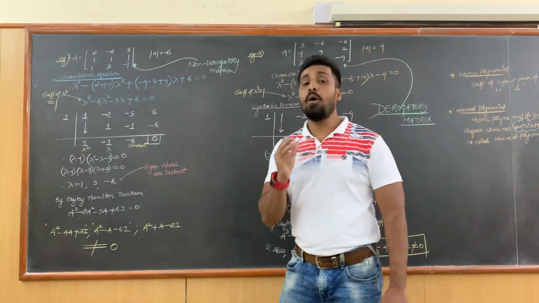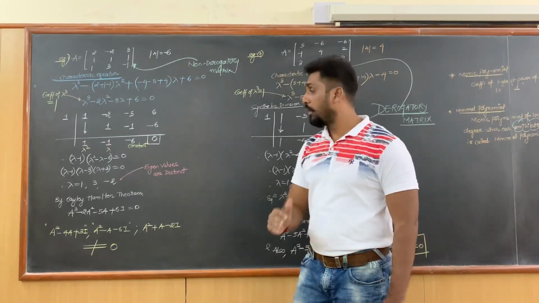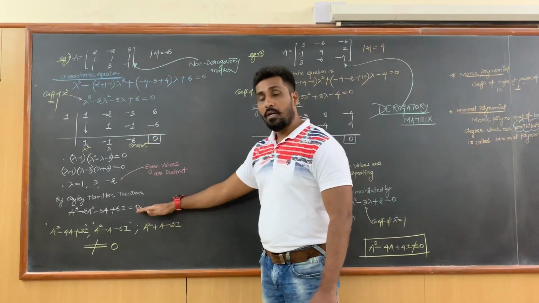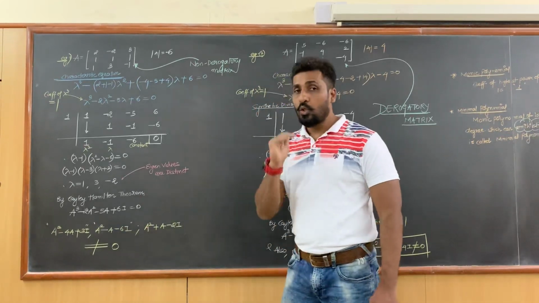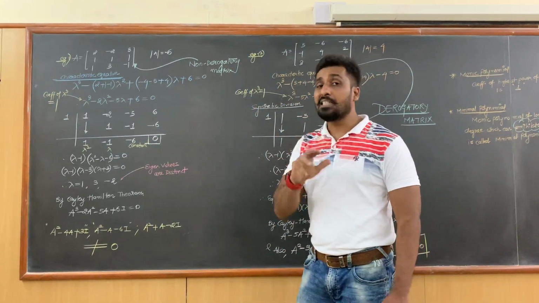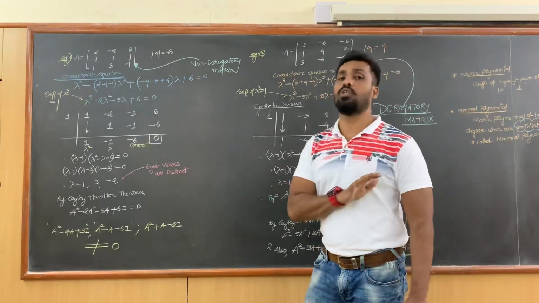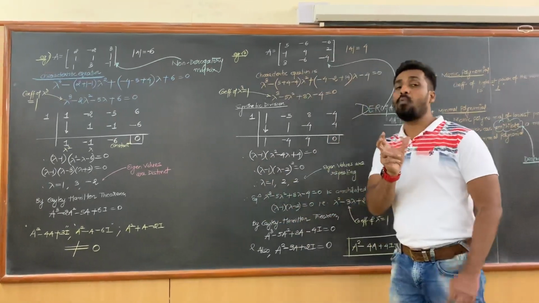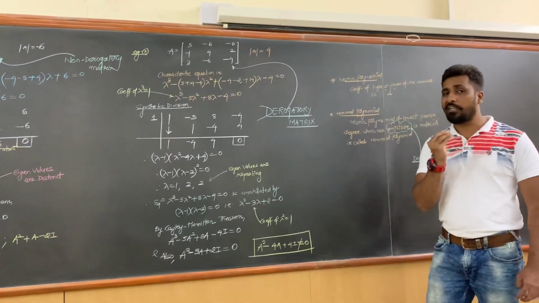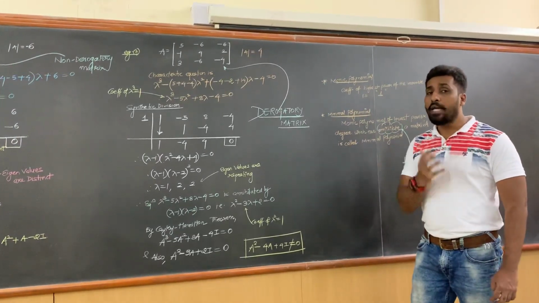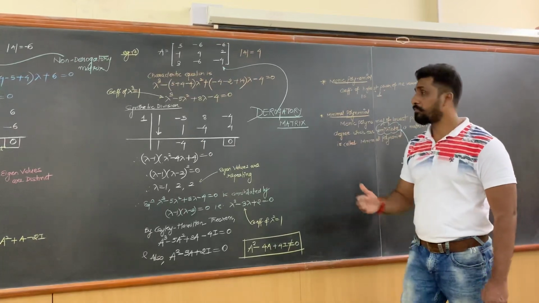So basically, a minimal polynomial is nothing but, if you have a Cayley-Hamilton theorem equation which can be reduced to a lower power such that the answer is still coming equal to 0, then that particular polynomial is called a minimal polynomial. So I'll give a very shortcut technique to remember what a derogatory and a non-derogatory matrix is.